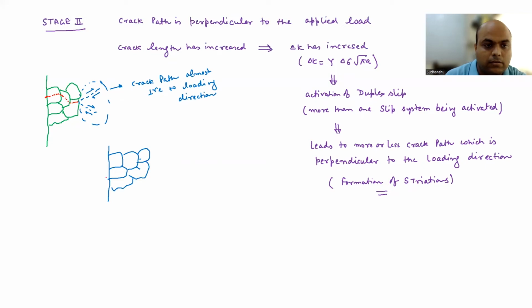Okay, and then the crack path is going to be something like this. And then multiple slip systems are being activated. So this is how it grows in stage 2. Okay, so here this is stage 1, and then stage 2. And as usual, this is the surface.